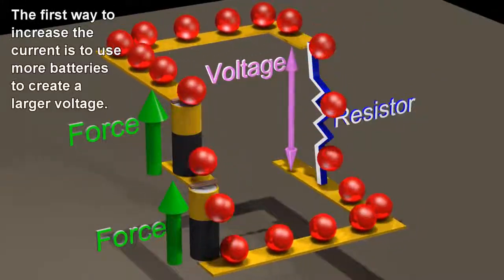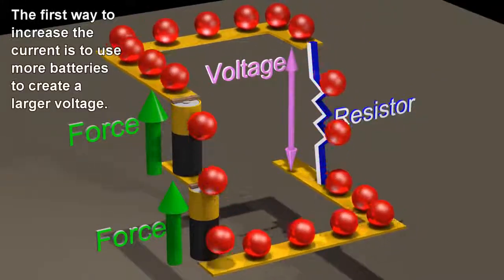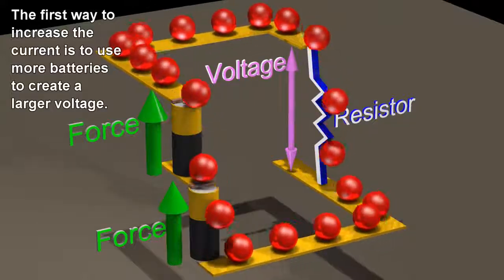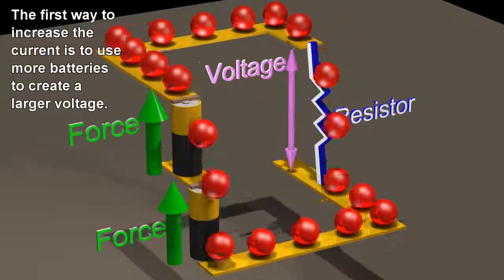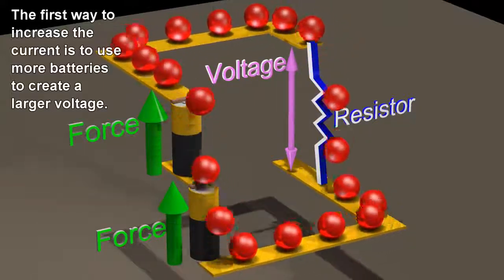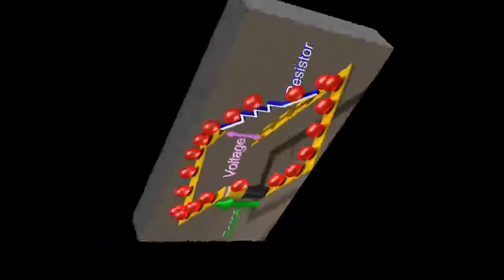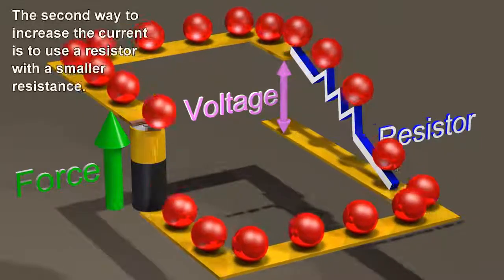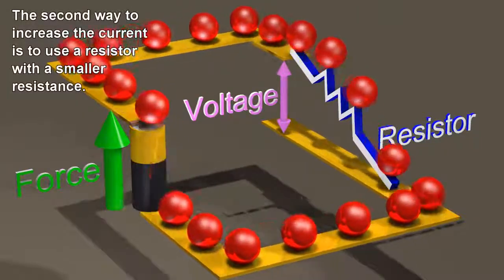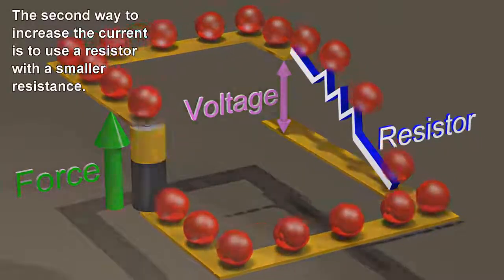The first way to increase the current is to use more batteries to create a larger voltage. The second way to increase the current is to use a resistor with a smaller resistance.